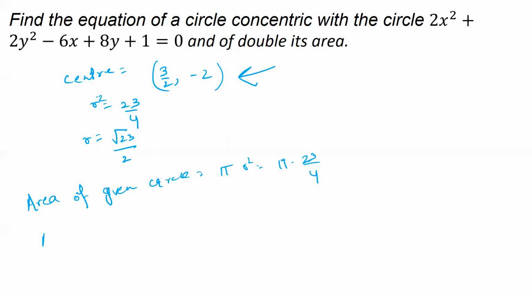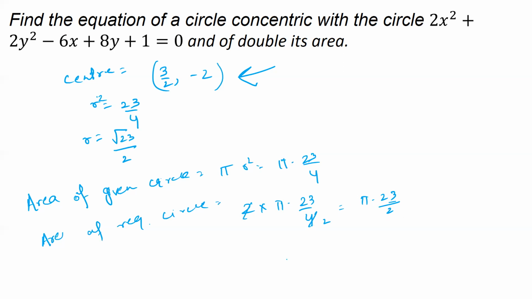The area of the required circle is double of this, because the question says the center is the same and the area should be double. So it is 2 times pi into 23 by 4, which is pi times 23 by 2. So this is the area of my required circle.